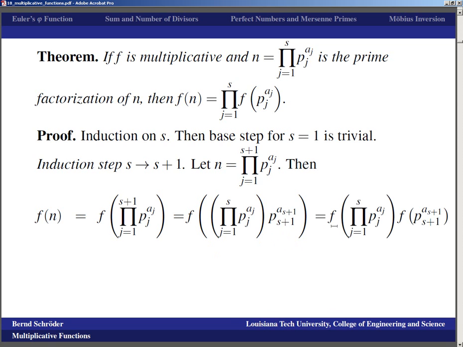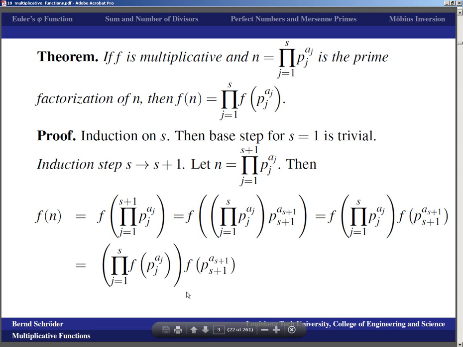And so that means that this is f of the product of the first s prime factors with their powers times f of p sub s plus 1 to a sub s plus 1. Then, of course, we use the induction hypothesis because we can pull the function into the shorter product, and that means that f of n really is the product j equals 1 to s plus 1 of f of pj to the aj as is seen here.